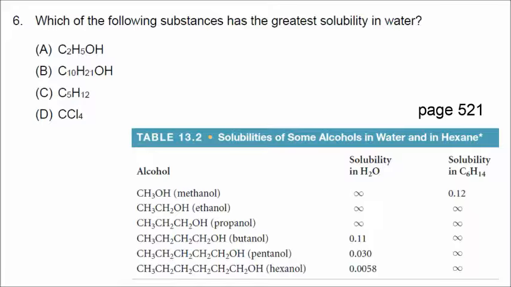So hexanol is extremely insoluble in water because those 6 carbons make that particular molecule behave more like hexane than an alcohol with an OH group. So because the nonpolar portion of the molecule ends up making it immiscible with water, the best choice for number 6 is A, which happens to be called ethanol.